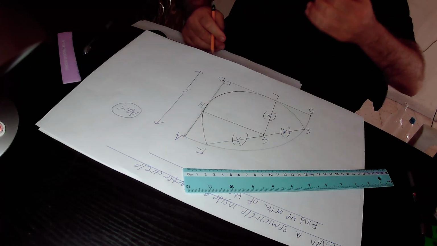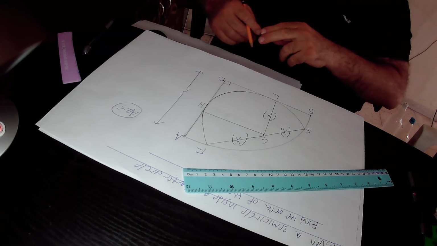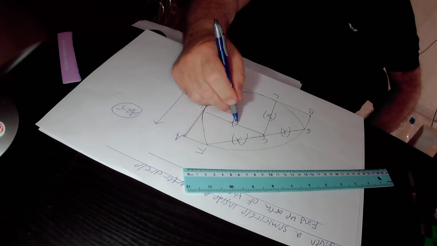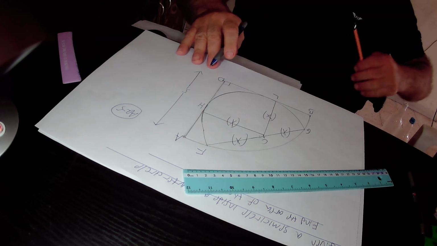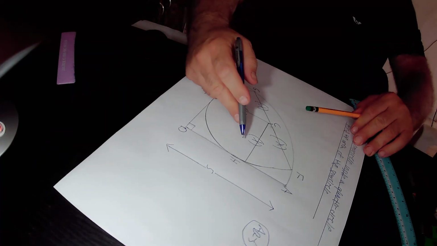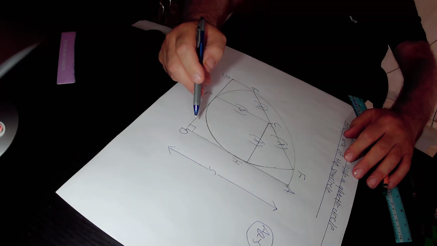CH is also the radius of this semicircle, and equals X. So here we have the radius CH that is drawn to point H, the point of tangency of tangent AO with this semicircle.